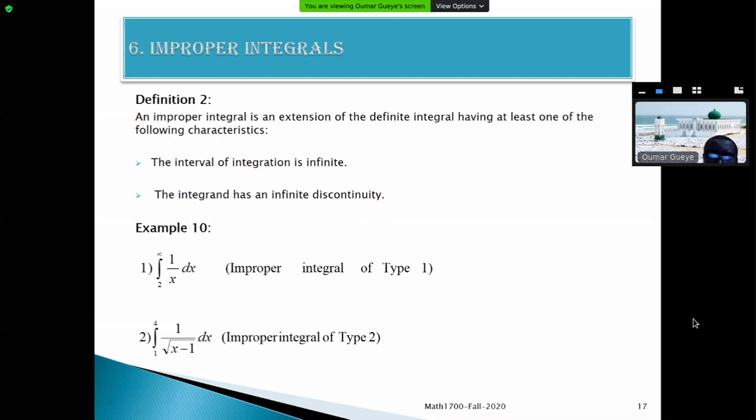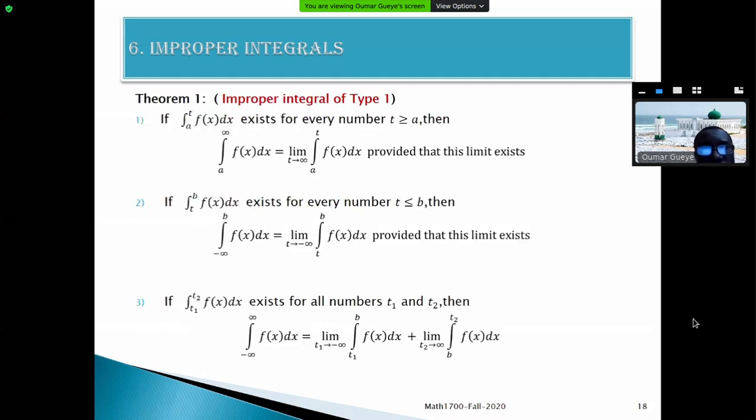Okay, so first of all, we are going to focus on this first type of improper integral, and I'm going to give you 3 situations. Because I told you for an improper integral of type 1, the interval of integration is infinite. It means the width of the interval of integration is infinite.